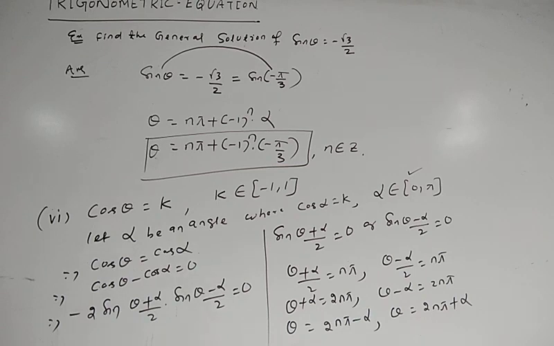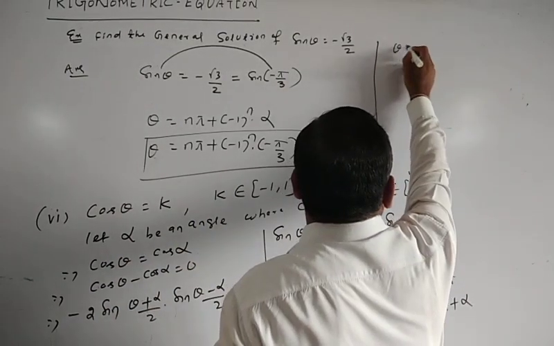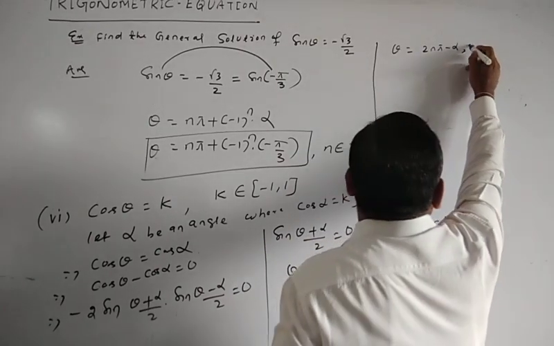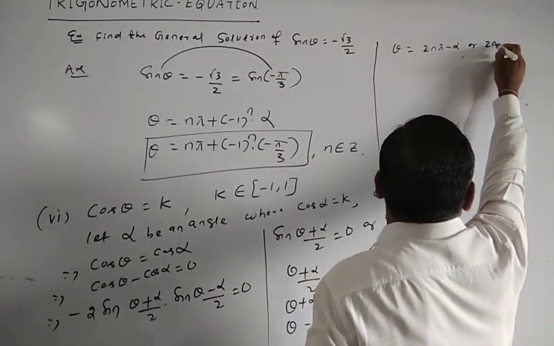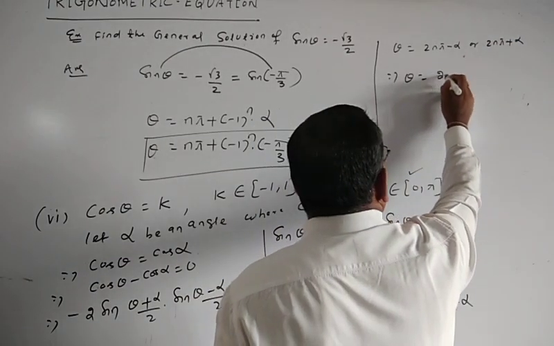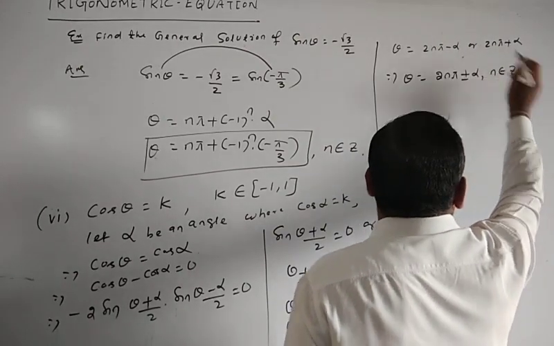That implies theta is equal to 2n pi minus alpha or theta is equal to 2n pi plus alpha. That implies theta is equal to 2n pi plus or minus alpha where n belongs to Z set.